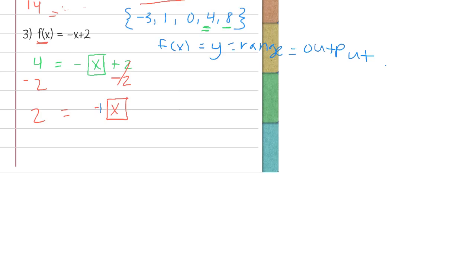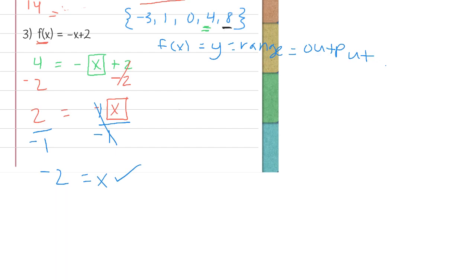Remember, if you can't see it, that's a 1. Negative 1 times x, well, what's the opposite? Dividing. Divide by negative 1 on both sides. That reduces to 1, and 2 divided by negative 1 is just negative 2. So x is equal to negative 2. I found my x.